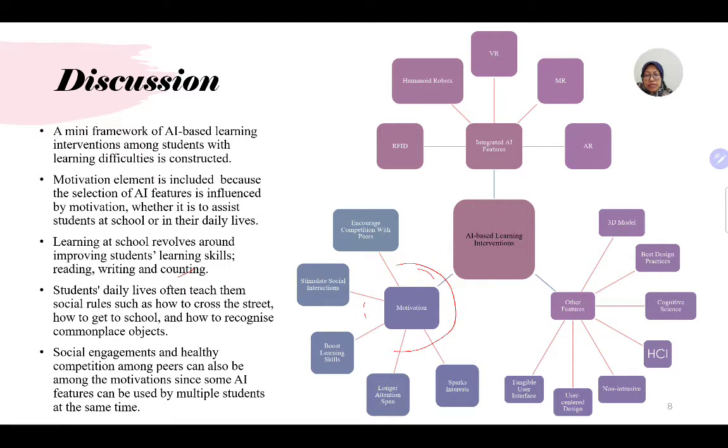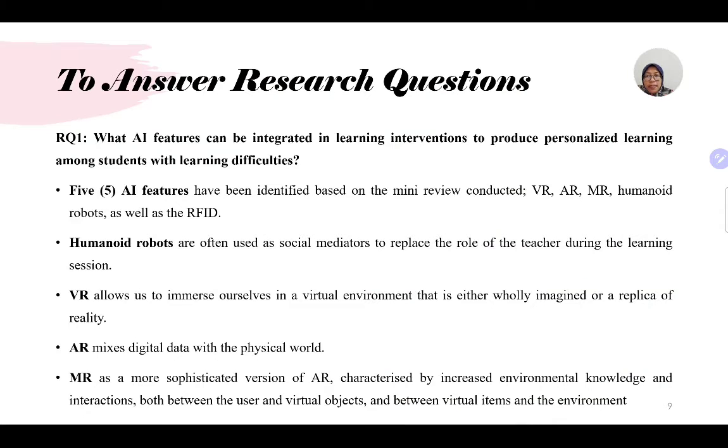While social engagement and healthy competition among peers can also be among the motivations, since some AI features can be used by multiple students at the same time. So this is the motivations point.